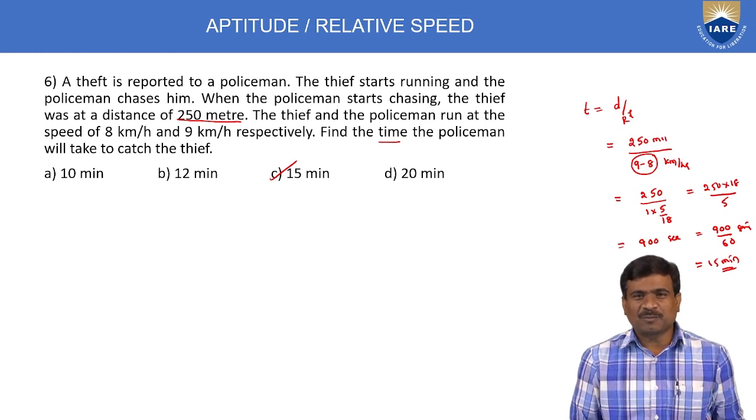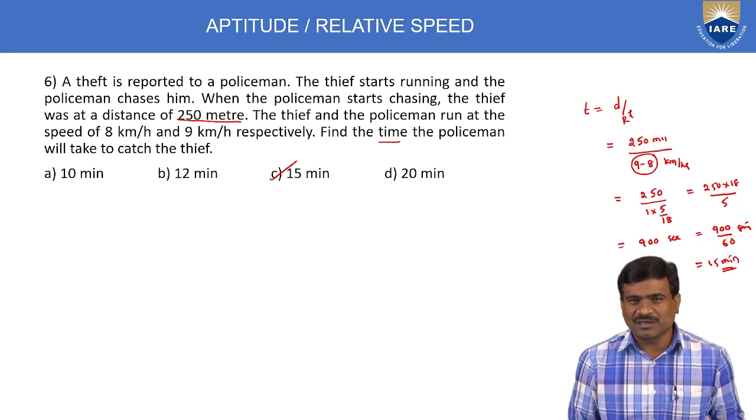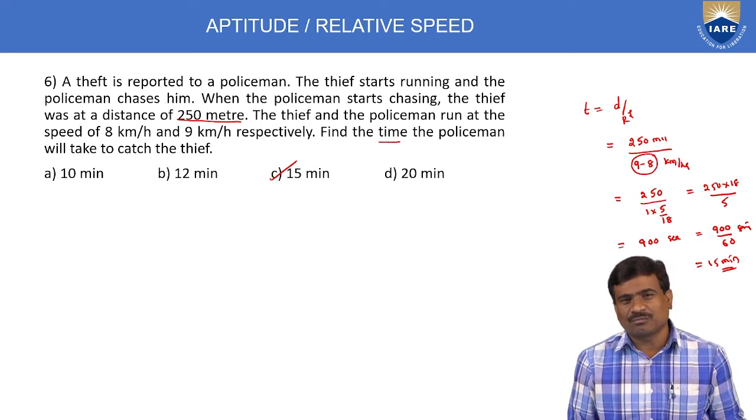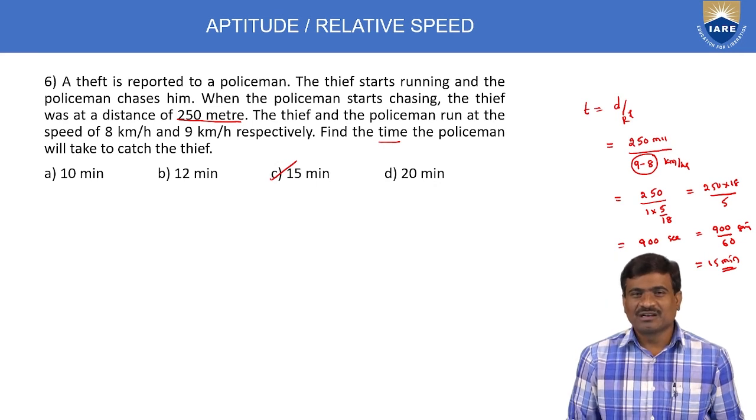Here the important thing is conversion. Kilometer per hour converts into meter per second by multiplying by 5/18. Hour converts into minutes by multiplying by 60. Second converts into minutes by dividing by 60.